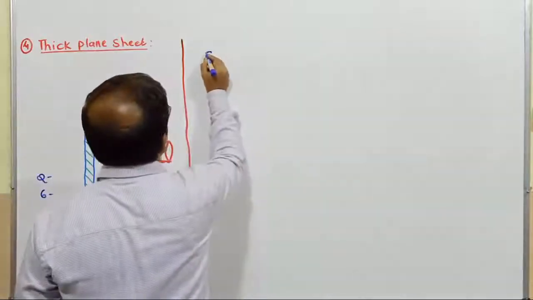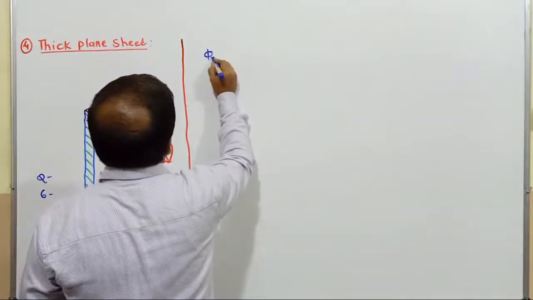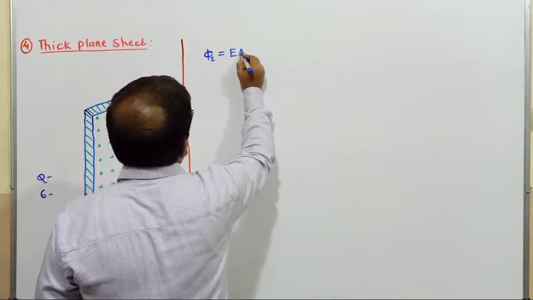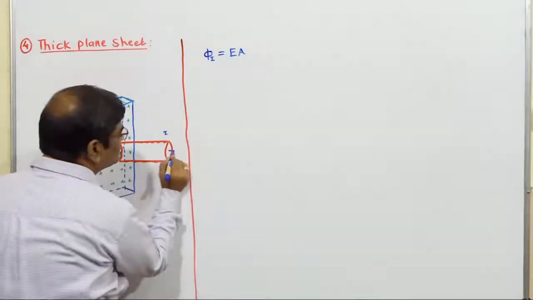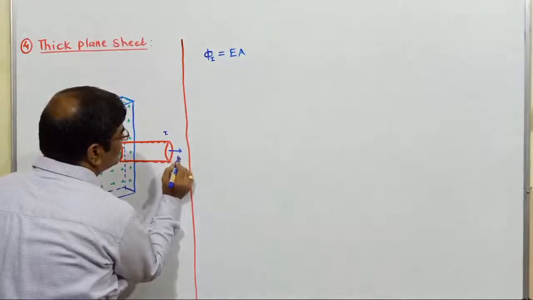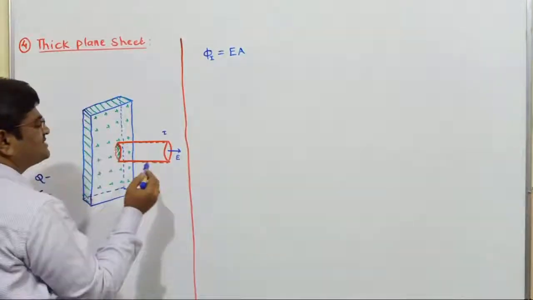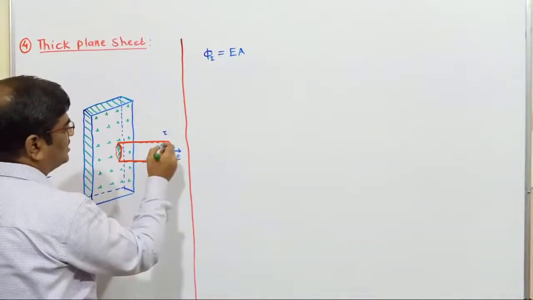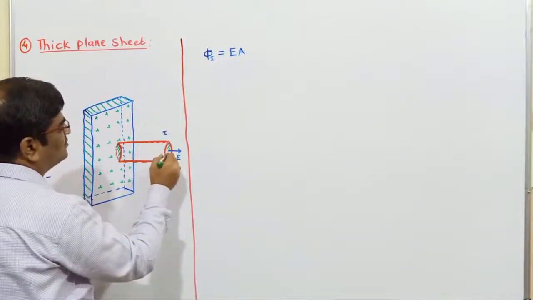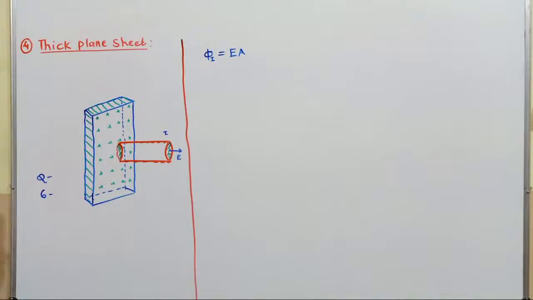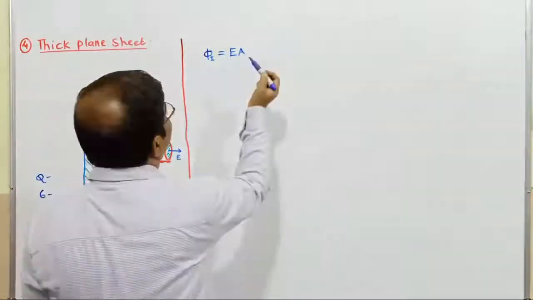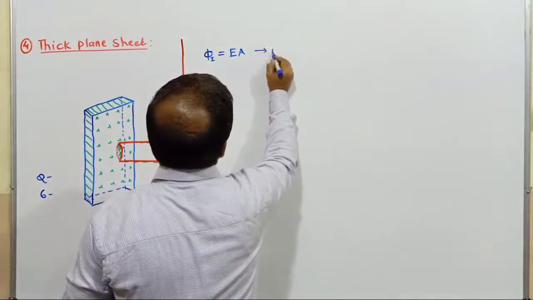Flux through the first portion, phi 1 equal to, you are aware of the equation, EA, where E is the intensity, A is the area, this circular area I am talking about, and theta is 0. So the flux through the first portion of the Gaussian I got.